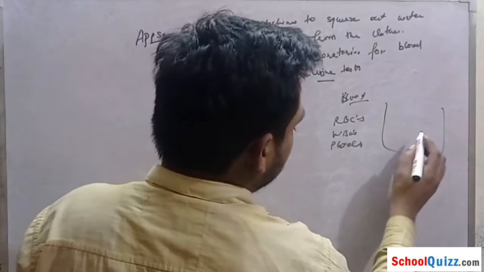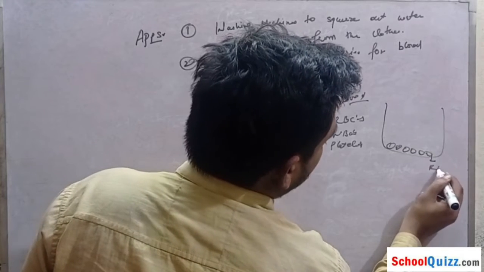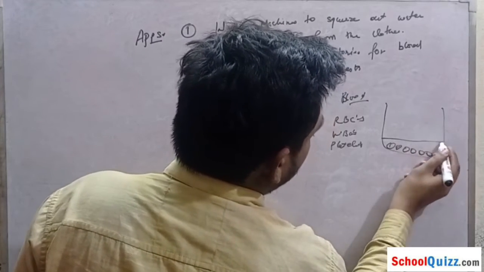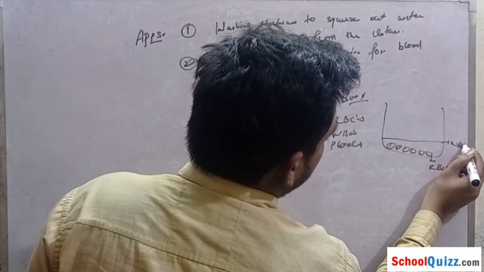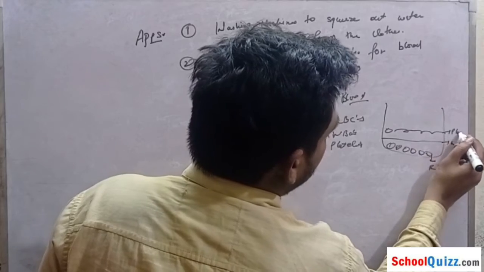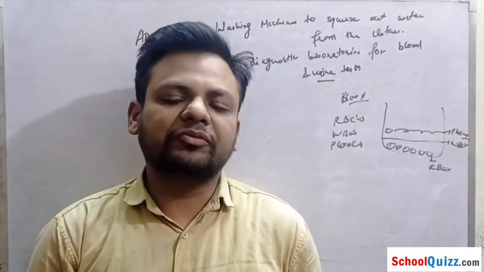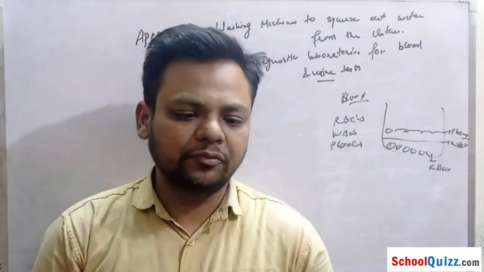So as we know, denser particles settle at the bottom. Like we can see that this one is our RBCs and this one is our WBCs. This one is our plasma. So we can get it separated out with the help of the technique, that is centrifugation.